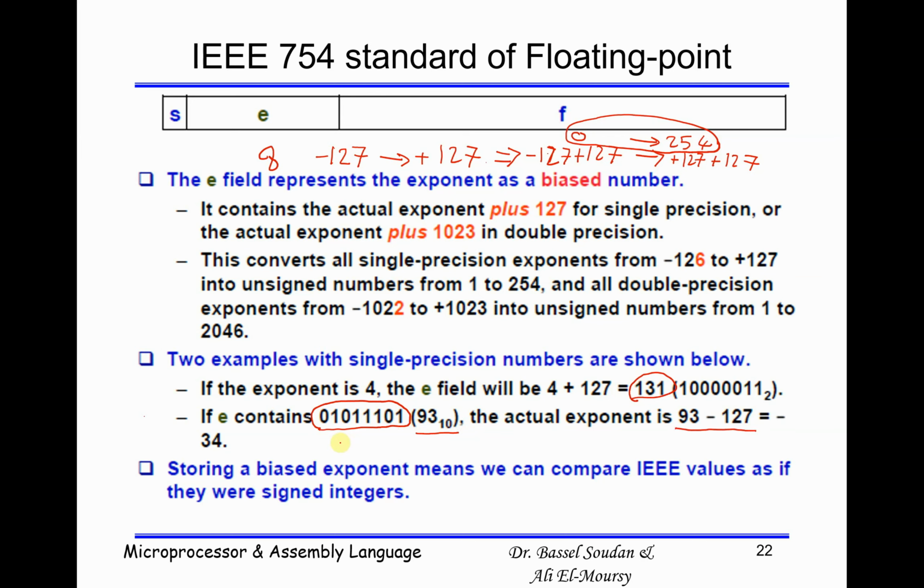So the actual exponent is minus 34. Storing a biased exponent means we can compare the IEEE values as if they were unsigned integers, not signed integers.